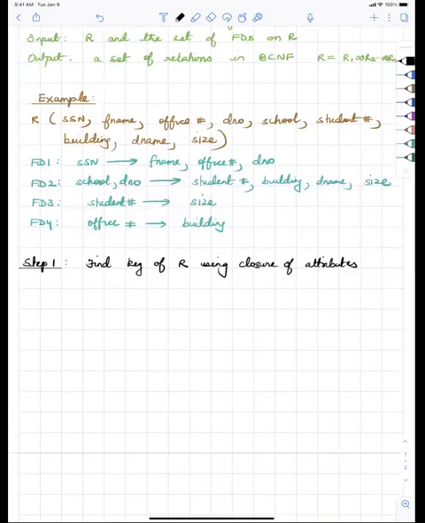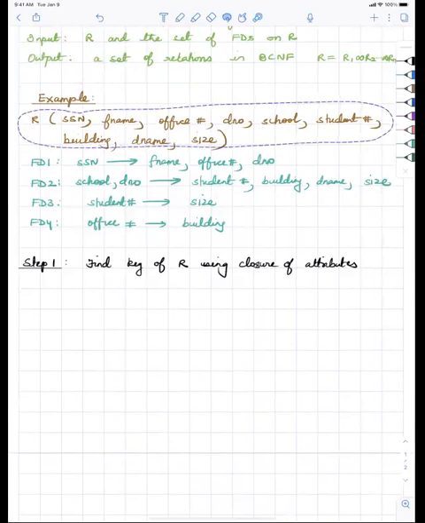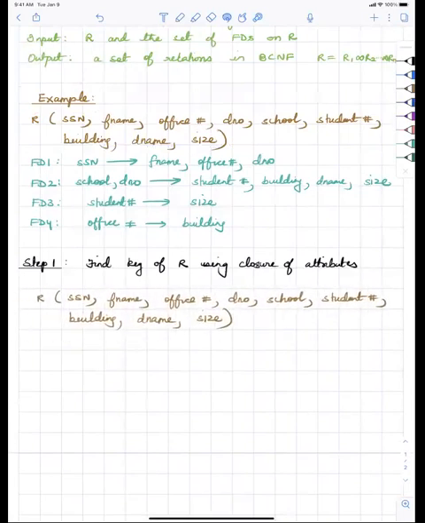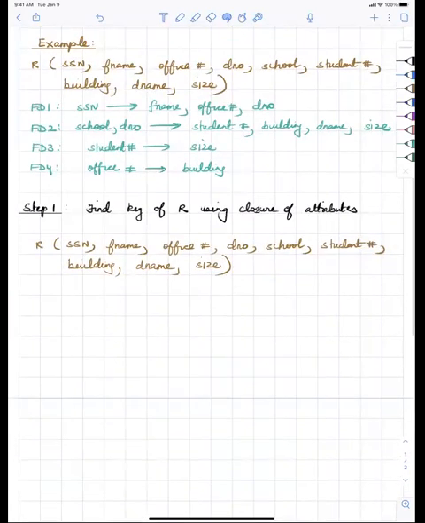Okay, so let's see. I just want to bring this table down. So this is the table, and we want to find the key for this table.